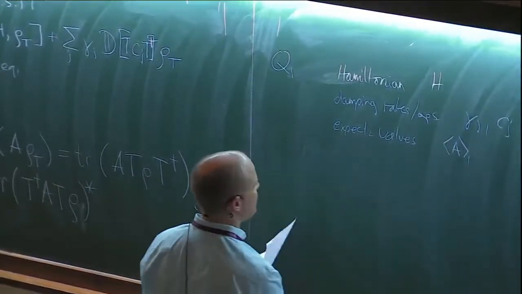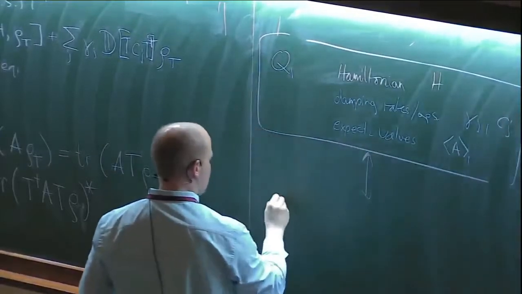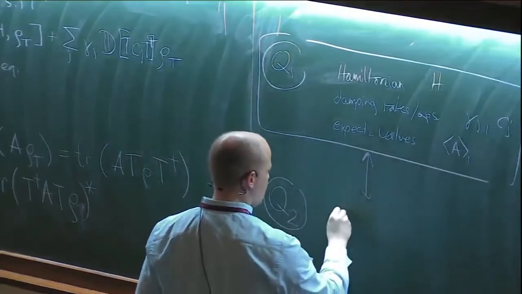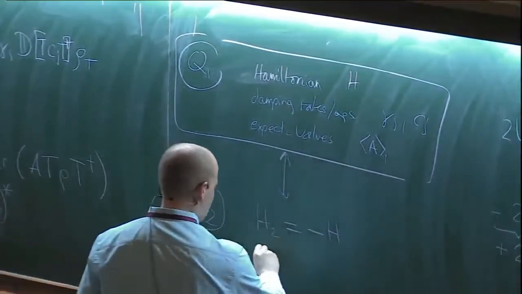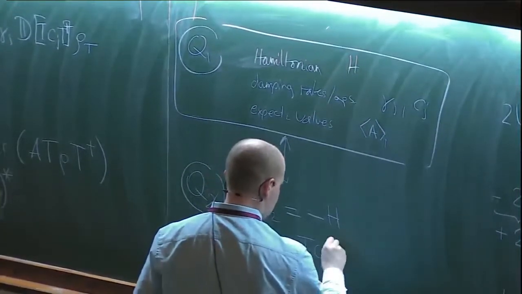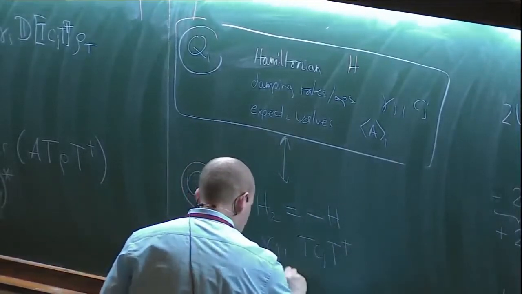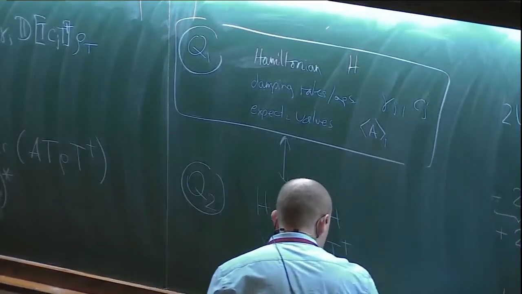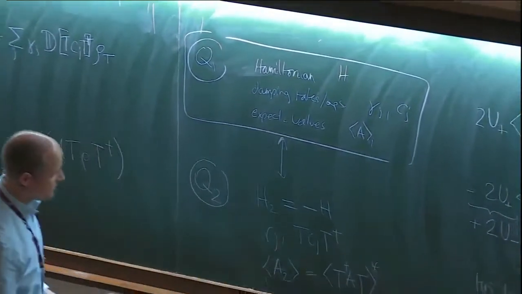And then we've mapped, or directly related, this to system Q2, which now has the negative Hamiltonian, same damping rates, possibly modified jump operators, and expectation values that are obtained from the ones in the first system by applying time reversal operators and taking the complex conjugate.